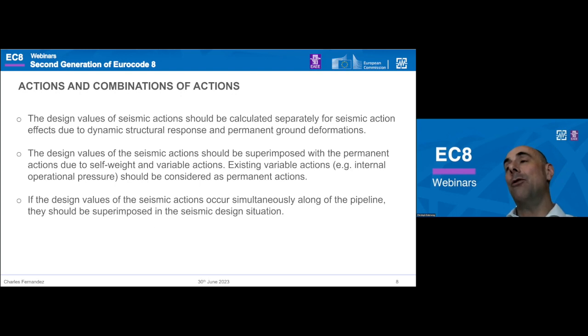Furthermore, we have to consider also self-weight and further variable actions which can be caused by installations. Then we have to superimpose in the seismic design situation both the seismic actions as well as the static actions that are acting on our above ground pipeline.